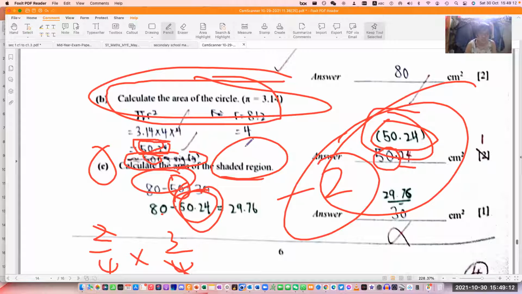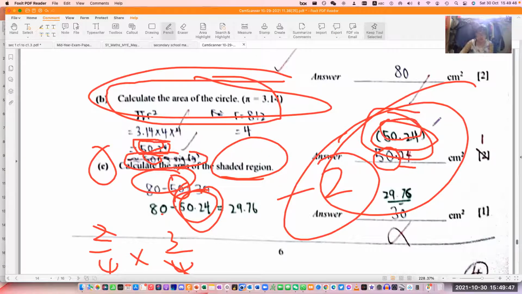You think 50.24 is more exact or 50 is more exact? 50.24. Then if it's already more exact, then how come you go and round up or round down?